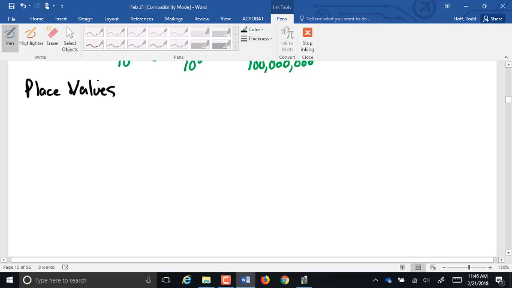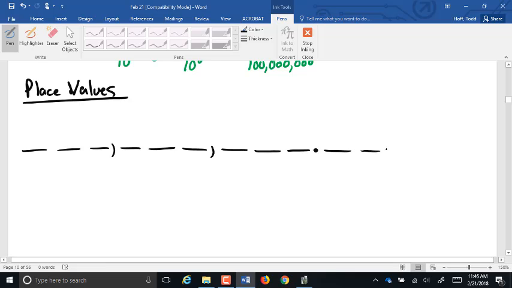Remember our place values, if we started at the decimal point, we can say that this first place value here is 10 to the 0, or the ones place, 10 to the 1, or the tens place, 10 squared, or the hundreds place, 10 to the third are the 1,000s, 10 to the fourth, the 10,000s, and going up the line.